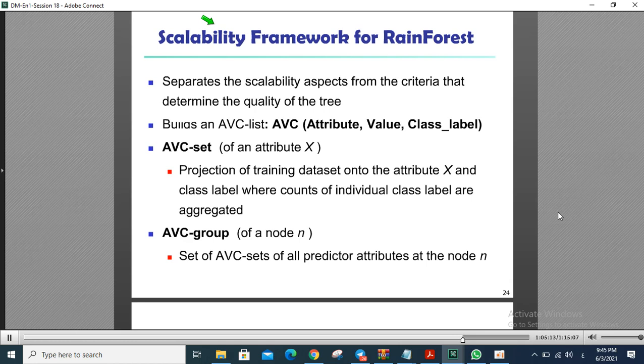For example, we have a classifier, RainForest. This classifier works to create a decision tree structure with a scalability metric.